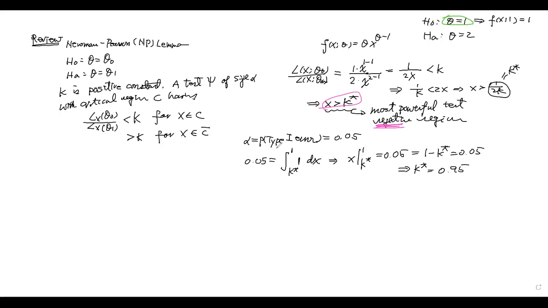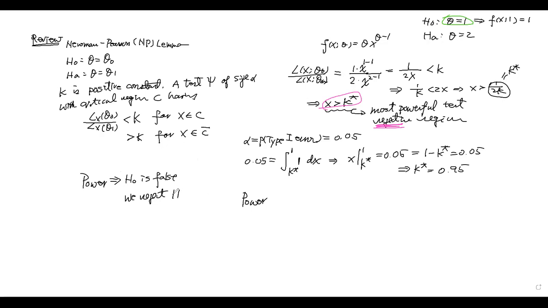Okay, so now the problem asks me to find the power. What is the power defined as? From the intro step 101, we know power is when H0 is false and we reject H0.